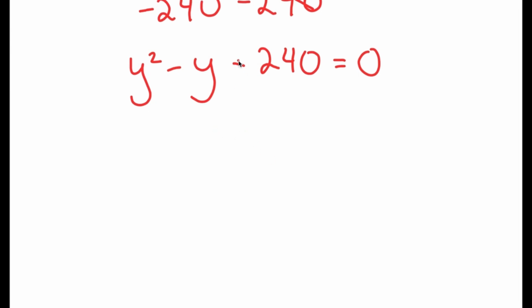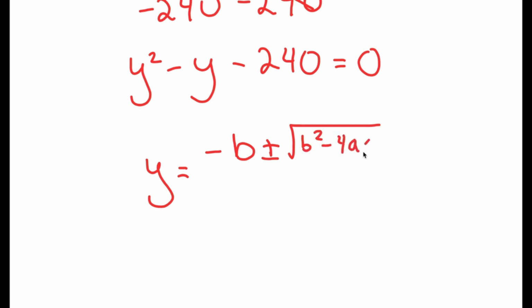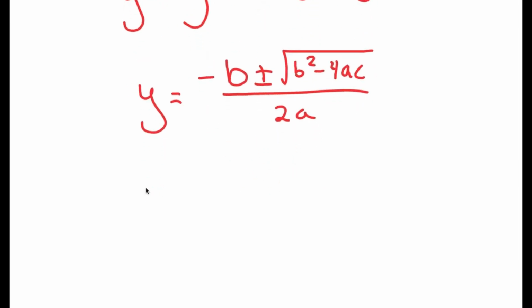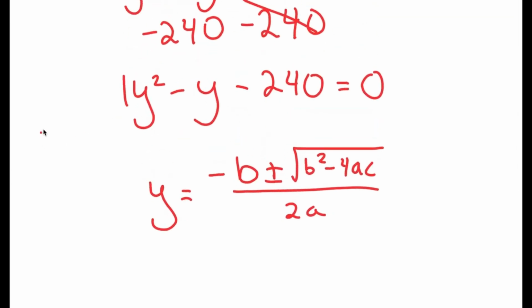And to find the solutions of this quadratic equation, I can use the quadratic formula. So if you guys already know, the quadratic formula is negative b plus or minus the square root of b squared minus 4ac all over 2a. So in this case, looking over here, a is 1, b is negative 1, and c is negative 240.